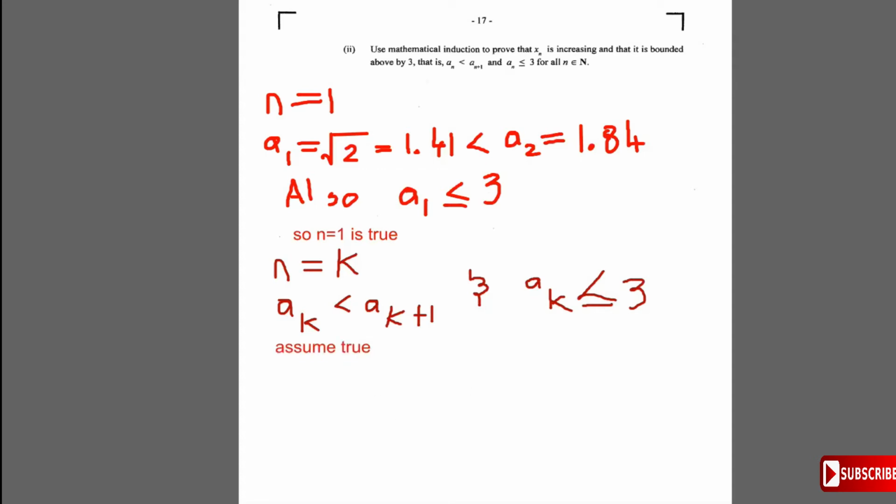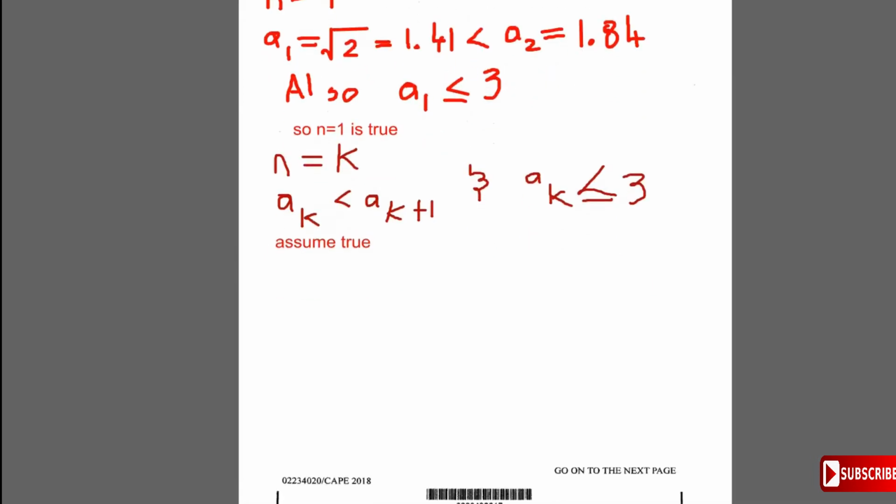All right, so next, we're going to go for n equal to k plus 1. For n equal to k plus 1, now we're going to have ak plus 1.